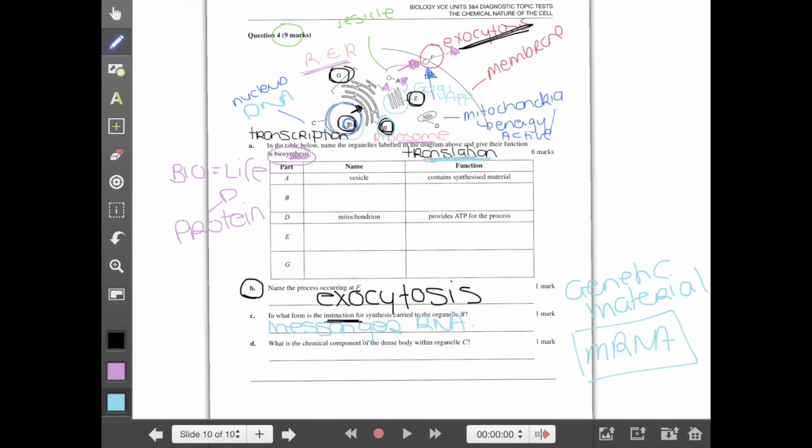All right, and D, lucky last one. What is the chemical component of the dense body within organelle C? Let's have a look. Organelle C is the nucleus. The chemical component of the dense body within organelle C is nucleic acid.